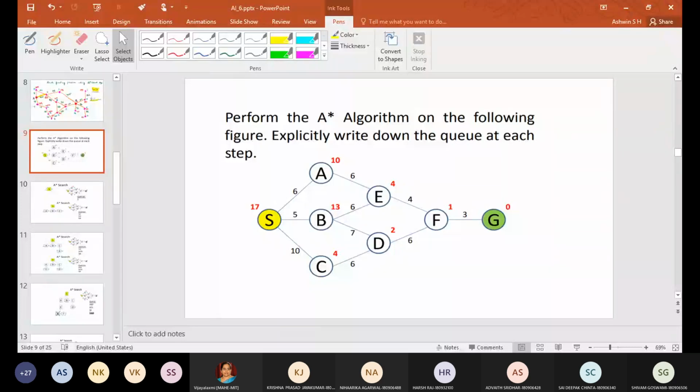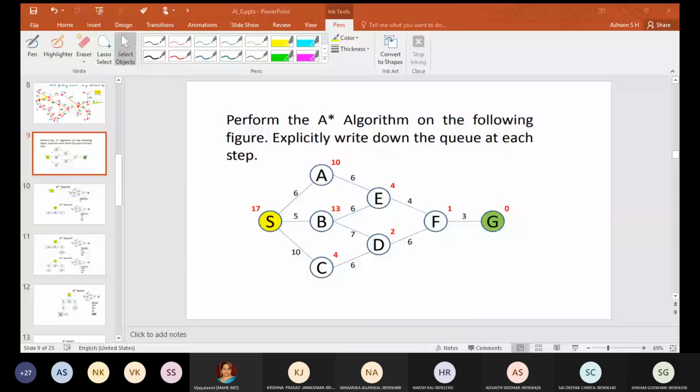Narayan, please check. Okay, you have got 25. Just see other possible minimum evaluation function values also, you need to consider. Yes, ma'am, it's 18. Others, have you got?